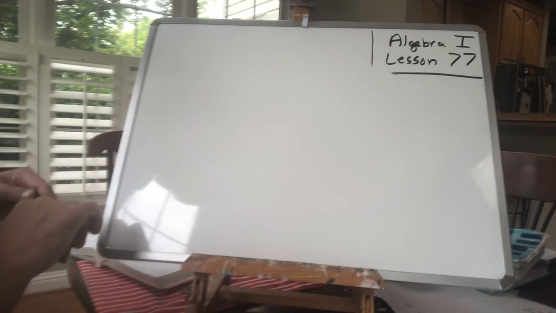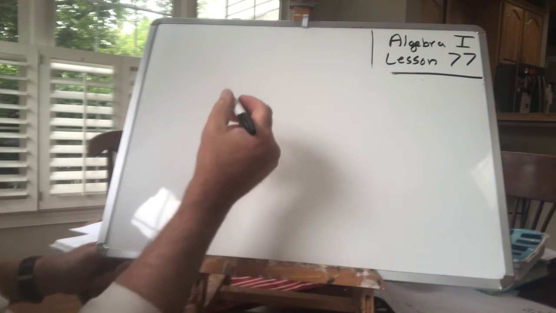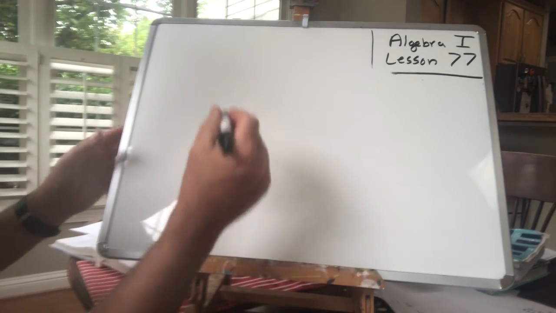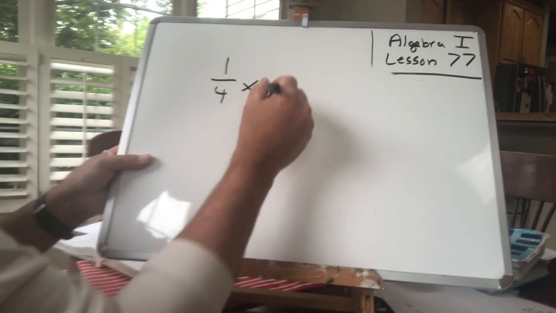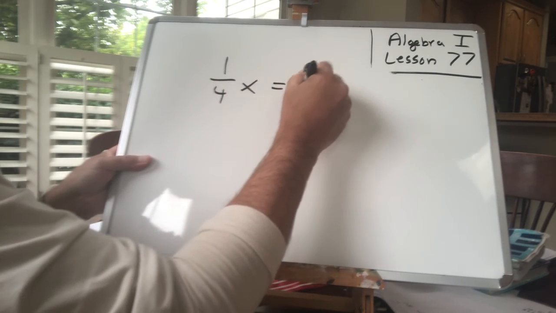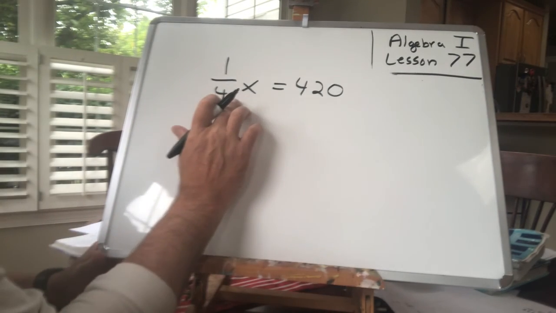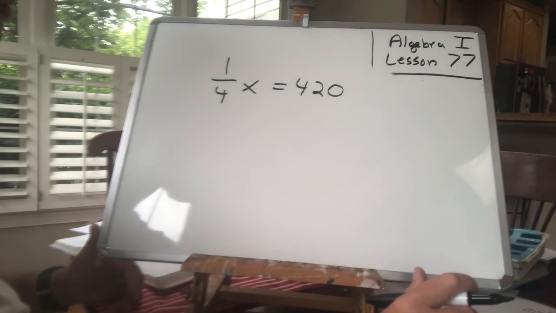If I'm going to write an equation that I can solve, and you have to think about this, I'm going to say 1/4 of some number is 420. 420 represents that 1/4.